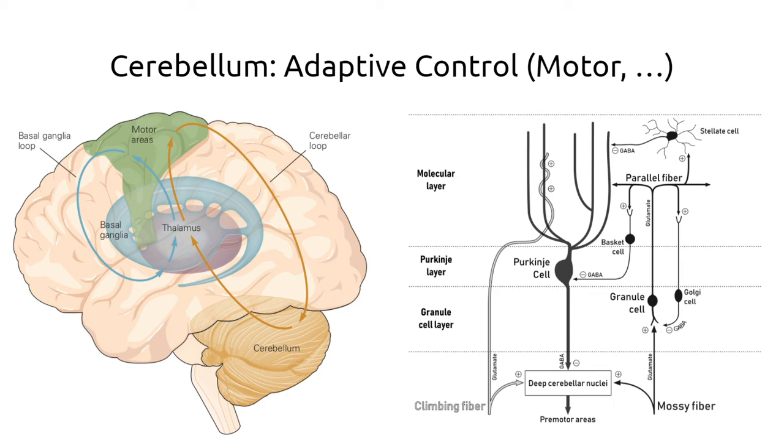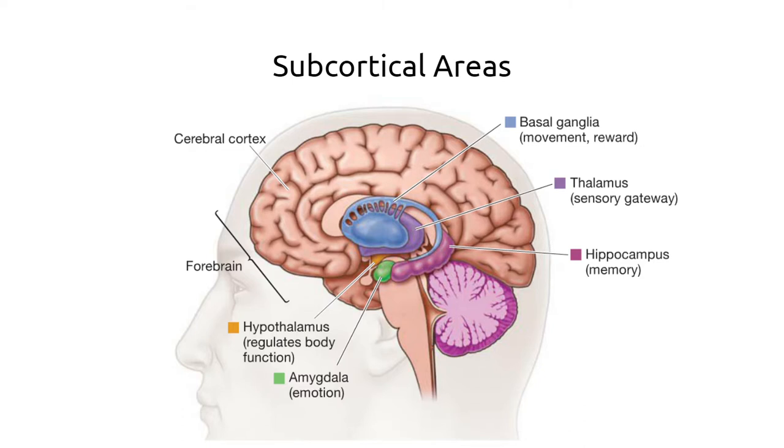This sort of near-term prediction seems to be a big part of what it's doing, and then using that prediction to smooth motor actions, and other sorts of actions, cognitive actions as well. All right. So something about that sort of pattern matching seems to be going on in the cerebellum, and seems to be really important. At least it's got a lot of neurons devoted to it, but perhaps not much area.